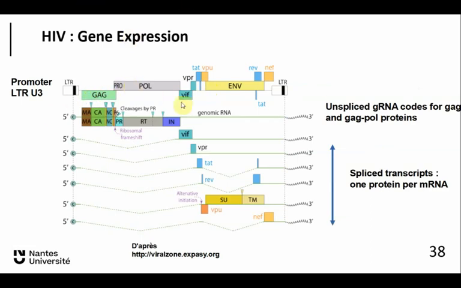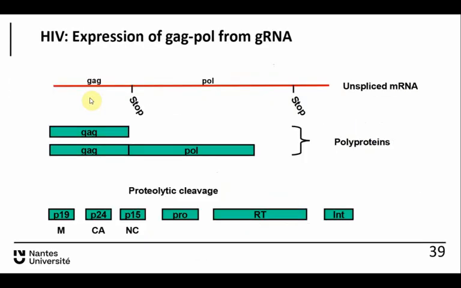So each time you move up a level, these are the different reading frames on the RNA molecule. So if you have this messenger RNA and the ribosome starts translating the GAG polyprotein, normally what will happen is that it will come up to a stop codon here, and that will be the end of the protein translation.